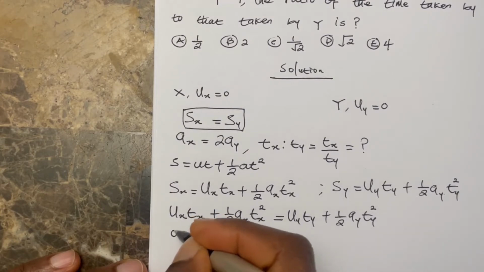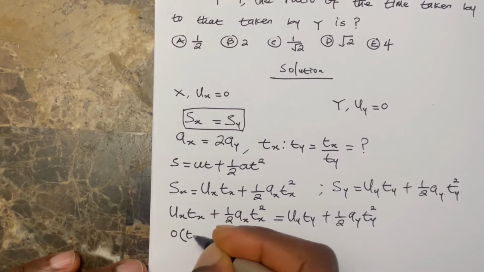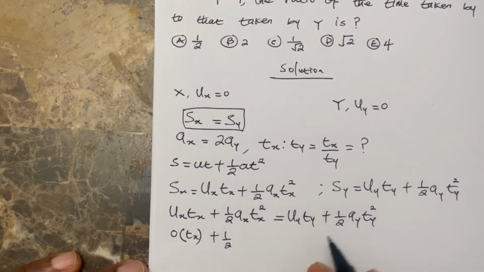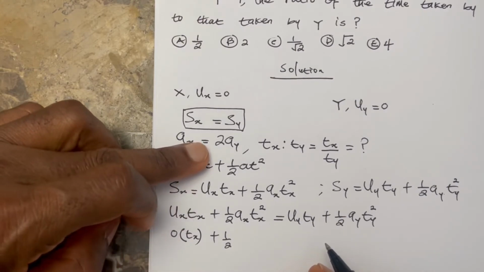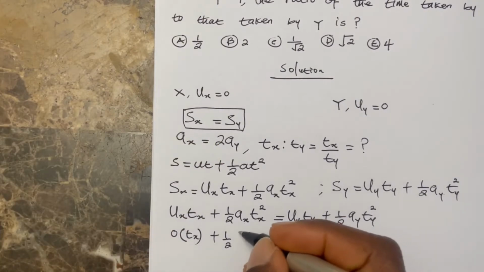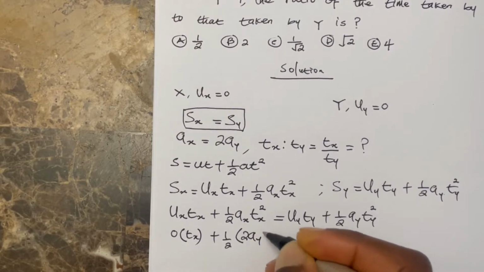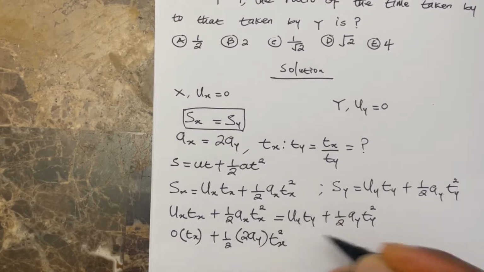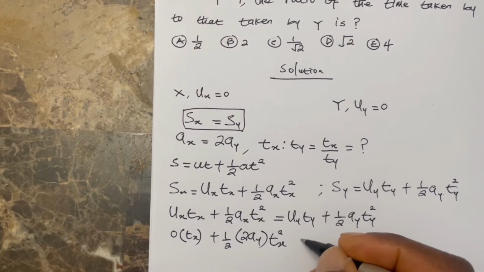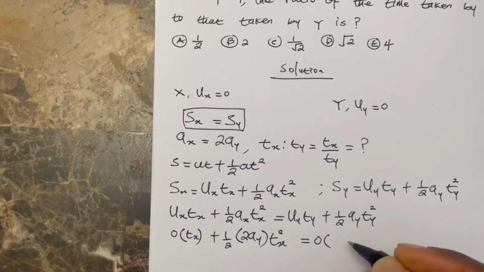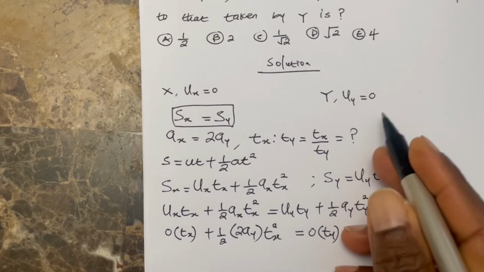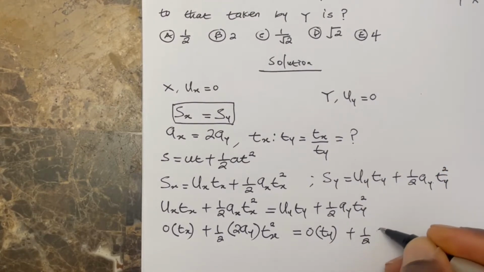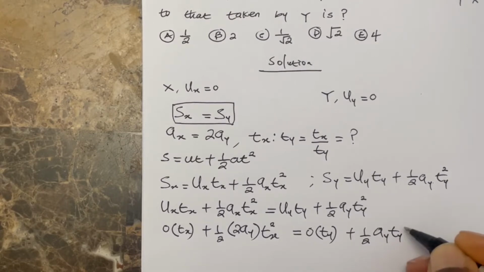So I can say that is 0 bracket tx, plus half ax. We're told that ax is twice that of ay, that is this guy here. So that is bracket 2ay, and of course tx squared. And of course, that will be equal to 0 multiplied by ty, because your uy is also 0, plus 1 over 2 ay ty squared.